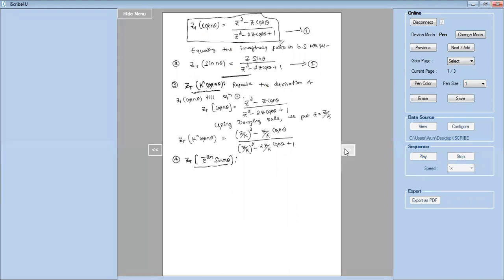See here, I'll write this as the Z transformation of e power minus a whole power n into sine n theta. This n I will take to the power. Now let us put e power minus a is equal to k. So I mean put k is equal to e power minus a.